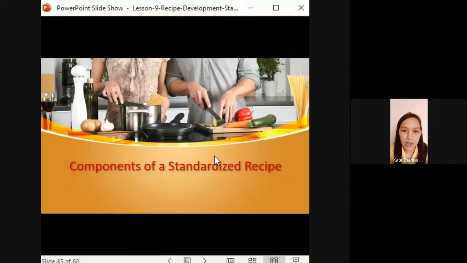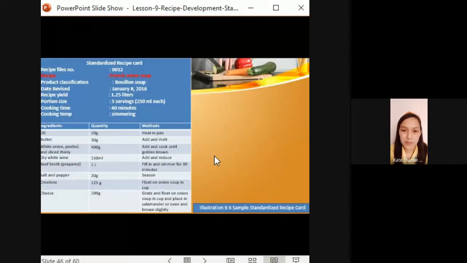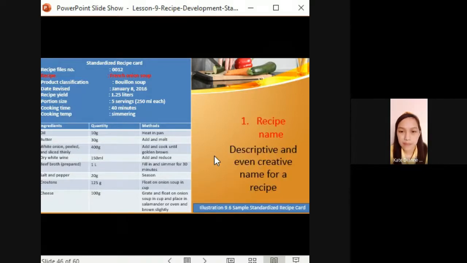So, ito naman tayo. What are the components of standardized recipe? Kindly list down. First, the recipe name. This is the descriptive and even creative name for a recipe. Nabanggit na yun ni Sir kanina na dapat yung name natin is catchy.